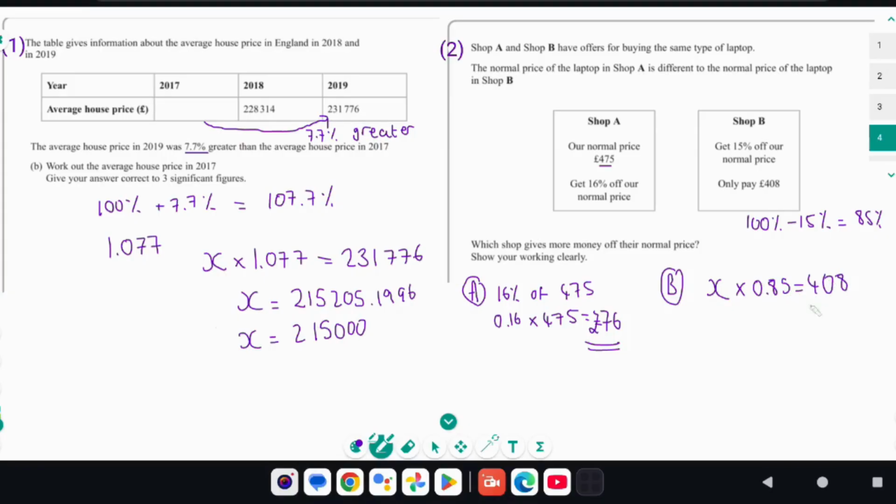Let's divide both sides by 0.85. Gives us 480. So how much has it been decreased by? £72. So which shop gives more money off their normal price is Shop A.